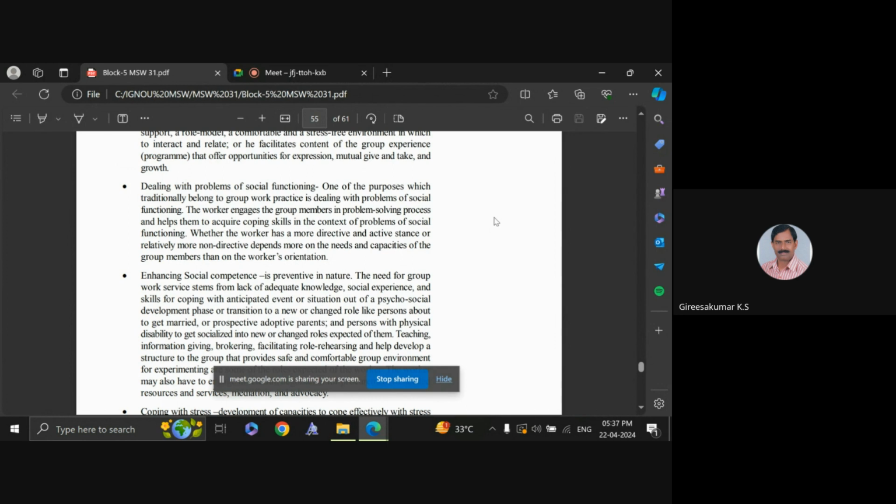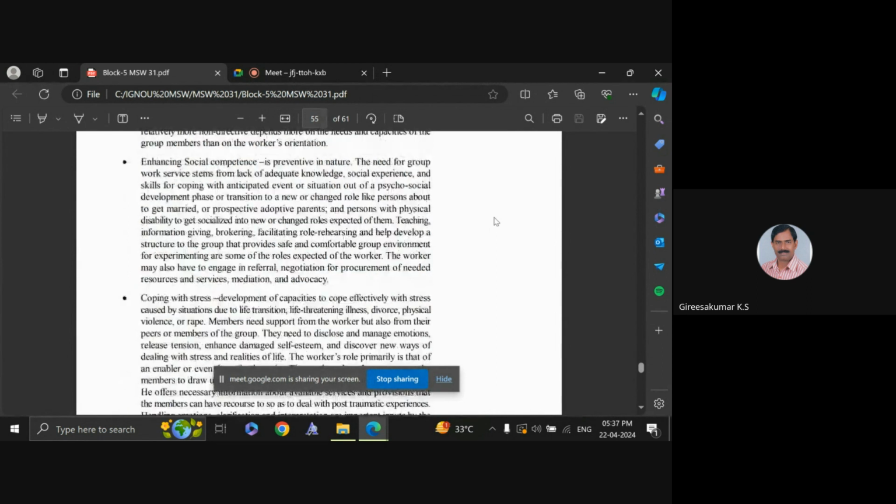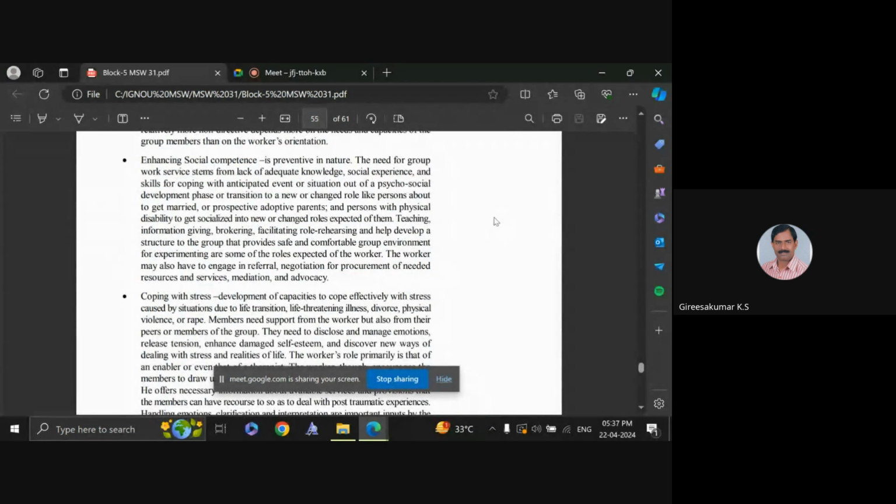Because you must be competent enough to face any situation, enhancing social competence is important as far as social workers are concerned. Referral, negotiation, procurement of needed resources, services, mediation, all these things are necessary.